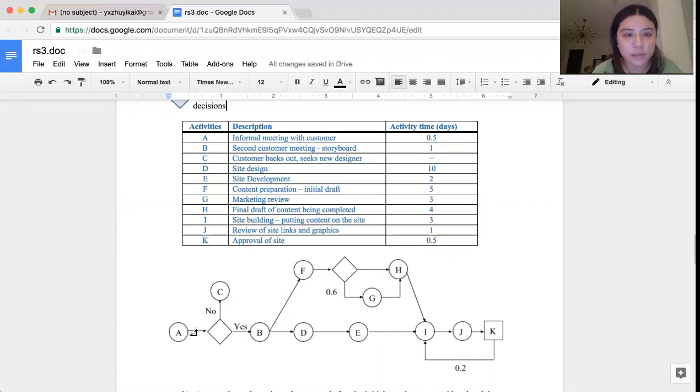Next, if the customer backs out, we need a new designer. Here they need to make the decision. We use the diamond to represent the decisions.